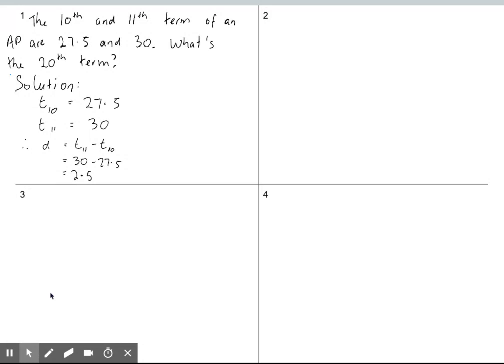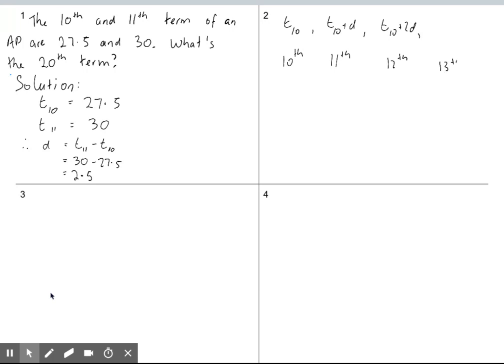So if you have a look at slide 2 here, and you say, well, I'm starting off at the 10th term, then the 11th term will be T10 plus D. The 12th term will be T10 plus 2D, because it's an extra D on.